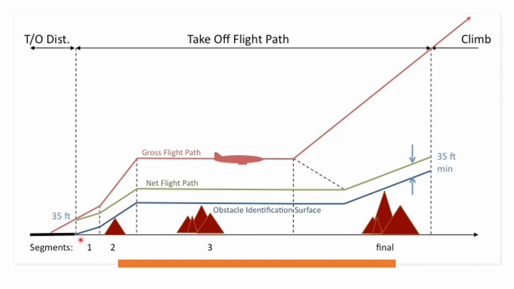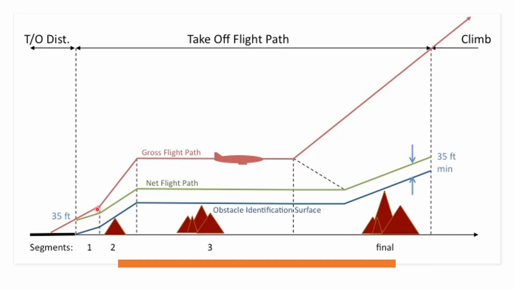So the first segment starts at 35 feet. You're just airborne, and this is your first segment. What happens after liftoff? You will retract your gear. So the first segment is all about gear retraction. The first segment ends when the gear is up and locked.